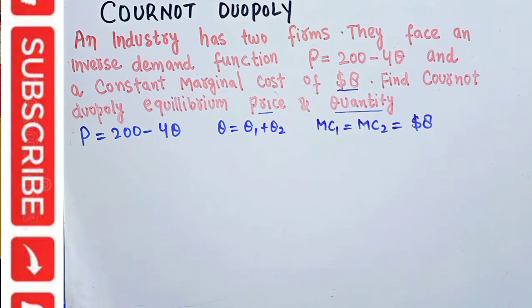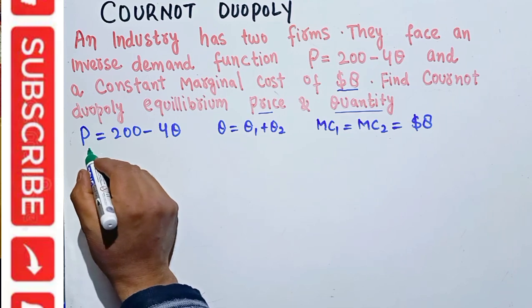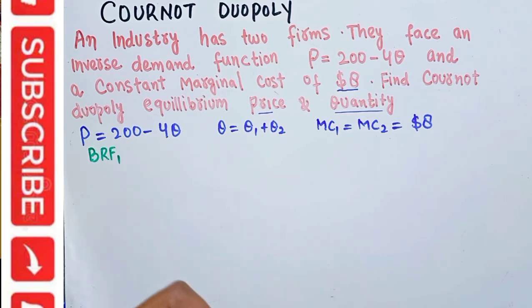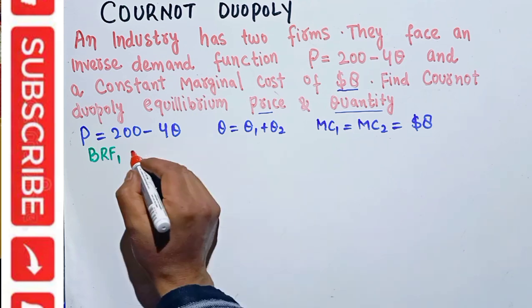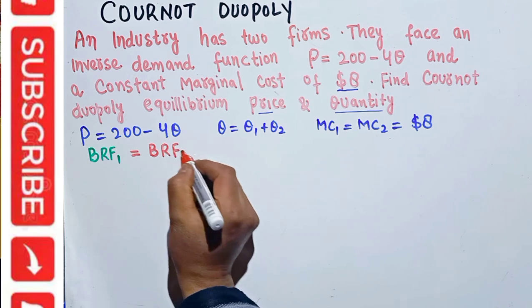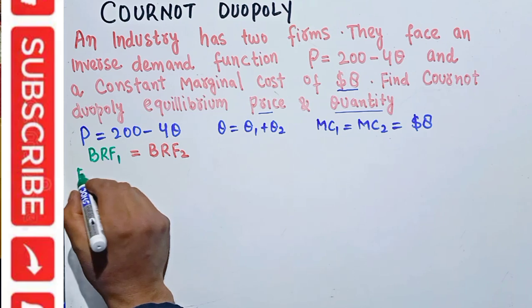Now how do we solve a Cournot duopoly model? We need to find out the best reaction function of firm 1, and it should be equal to the best reaction function of firm 2. Now how do we calculate the best reaction function, rather the best response function, as we call it? So let us see for firm 1, and let me write it here.